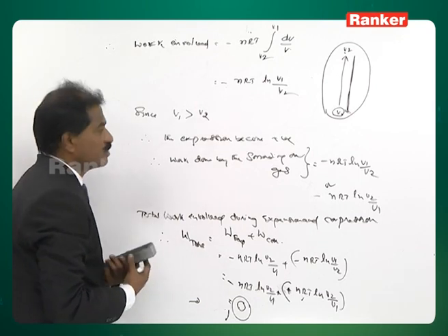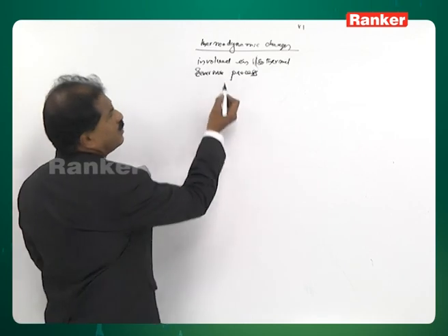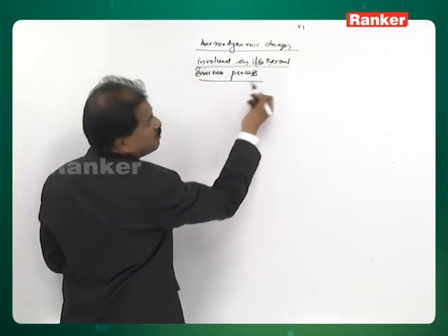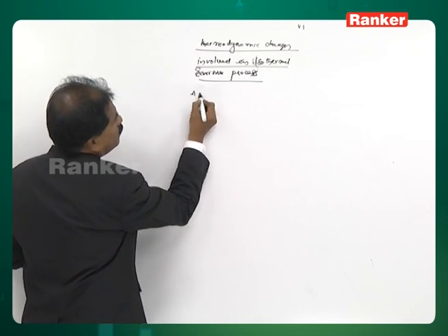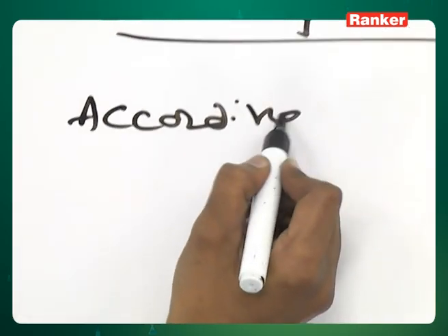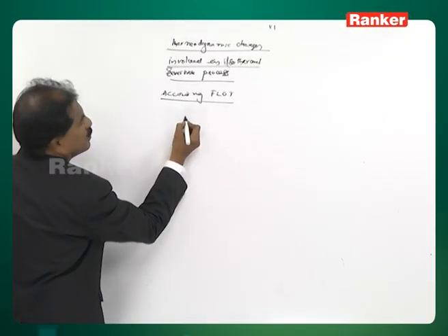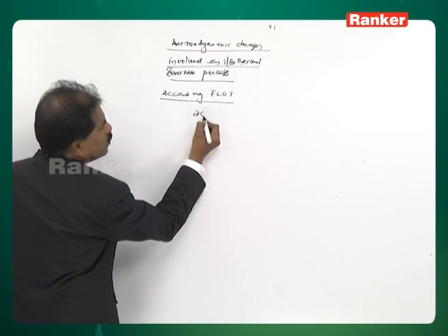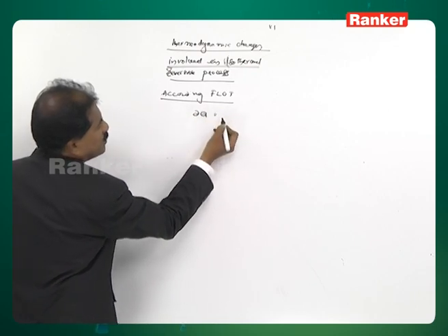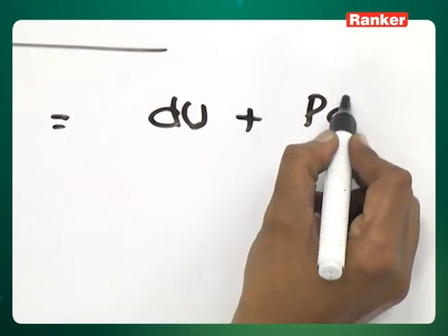Next, the thermodynamic changes involved in the isothermal reversible process. According to the first law of thermodynamics, we can represent it like this: dou Q is equal to dU plus P dV.